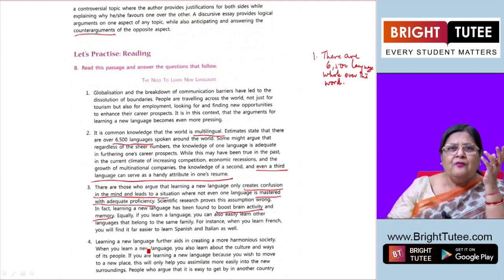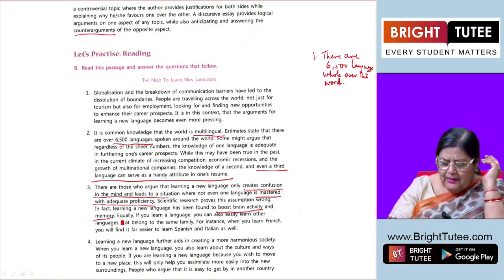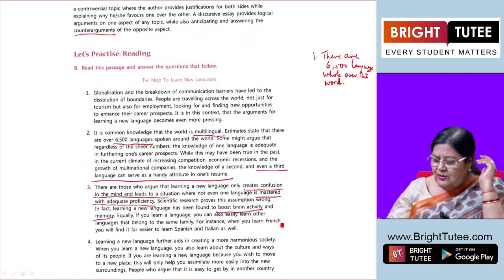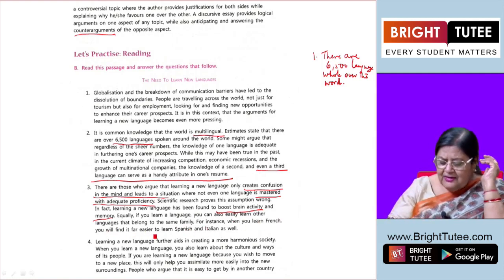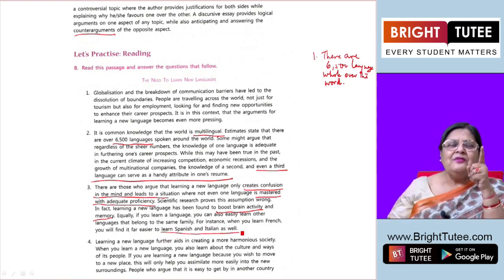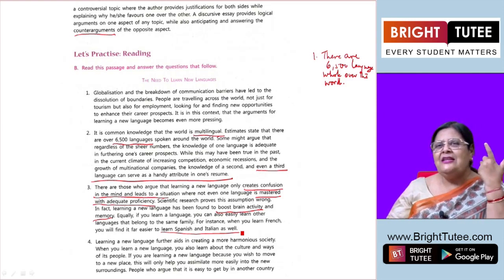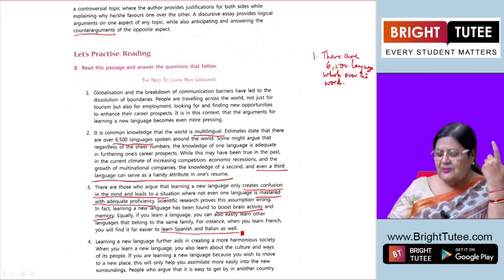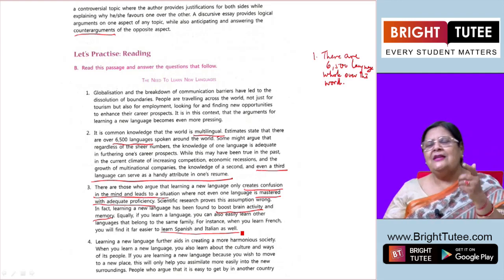Equally, if you learn one language, you can also easily learn other languages that belong to the same family. For instance, when you learn French, you will find it far easier to learn Spanish and Italian as well.